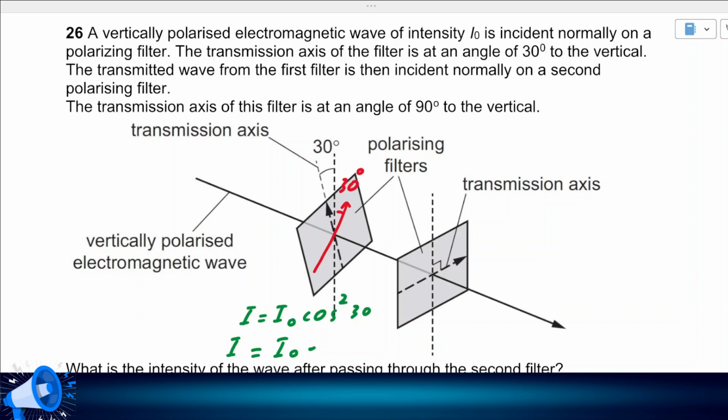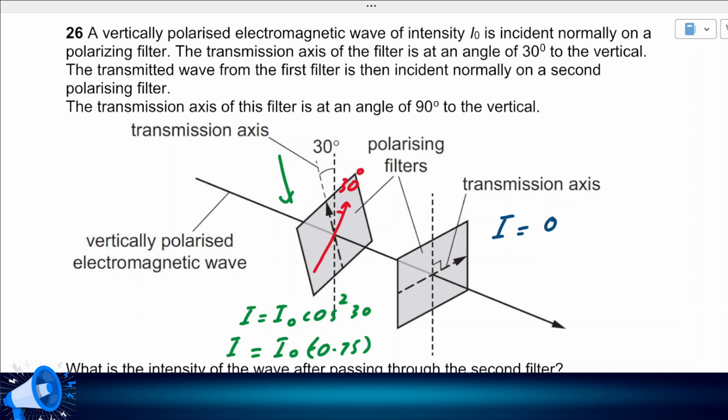I can find cos 30 first and then take the square of it. I get 0.75. So the intensity after this polarizer is 0.75 I naught. But we have another one afterwards. So what is the intensity after this one?